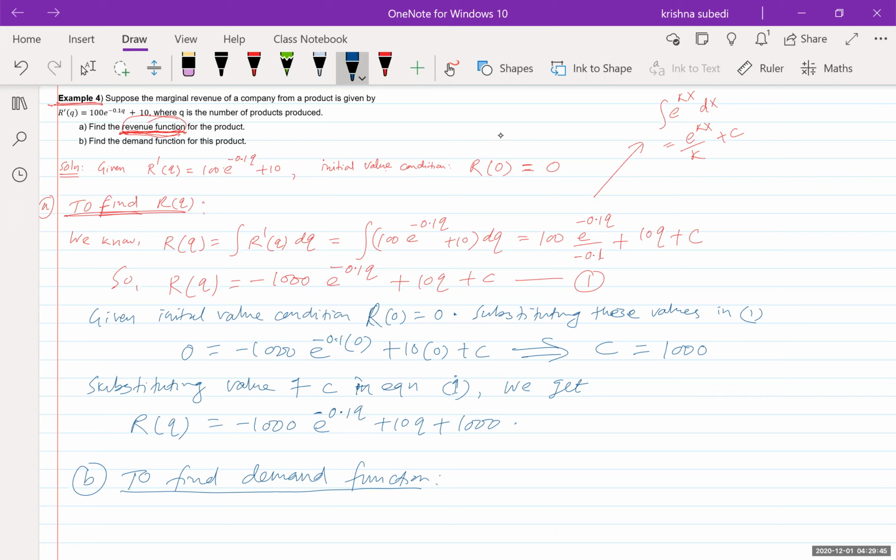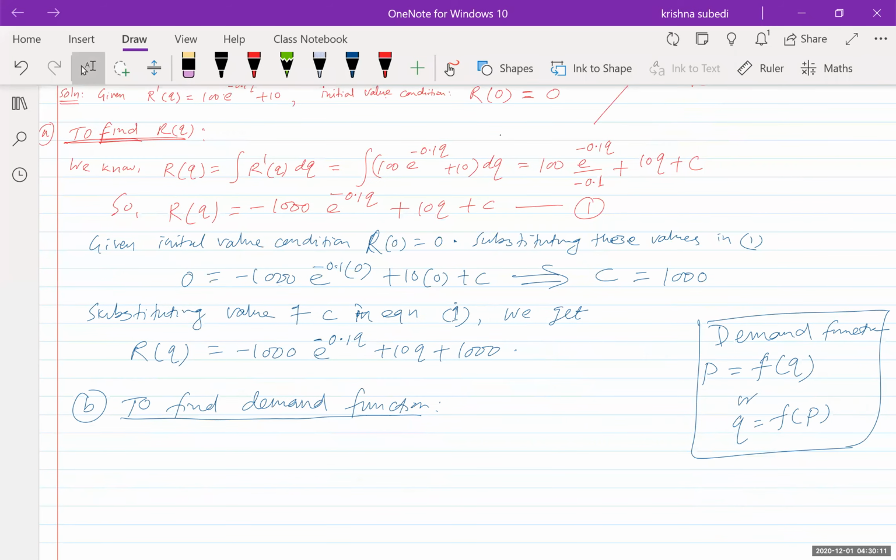Well, demand function can be represented as P, you can represent that P as a function of Q, or you can represent Q as a function of P, whichever is easy for you. Okay, that's the demand function. So in this question, I don't know which one is easy. What we know is price times quantity equals revenue. Everybody knows that, right?